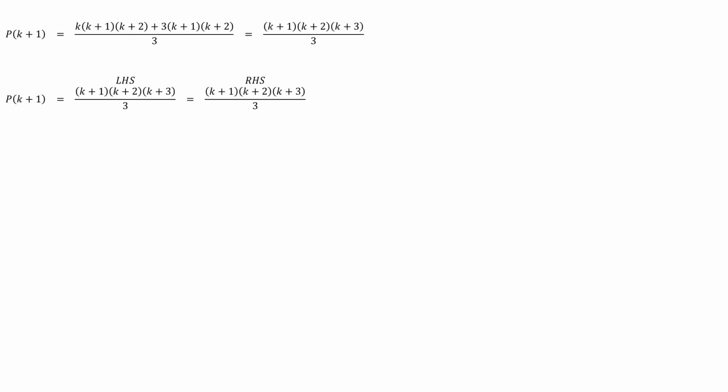On the left-hand side, we get (k plus 1) times (k plus 2) times (k plus 3) over 3 equals (k plus 1) times (k plus 2) times (k plus 3) over 3. We can see that the left-hand side equals the right-hand side. Therefore, P of k plus 1 holds true.